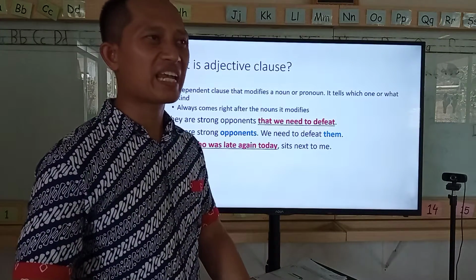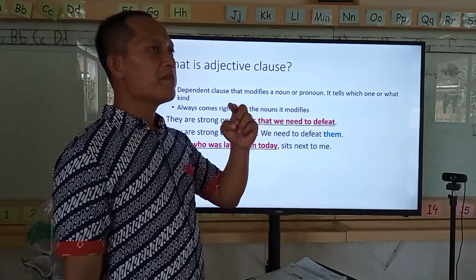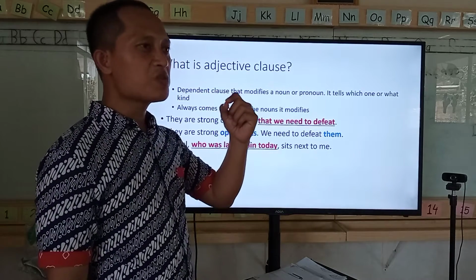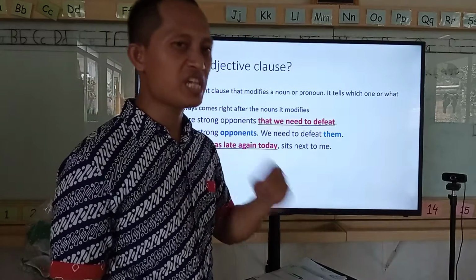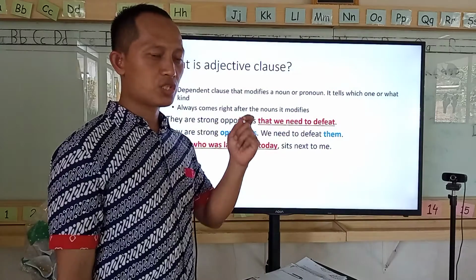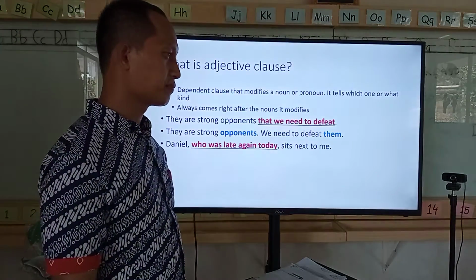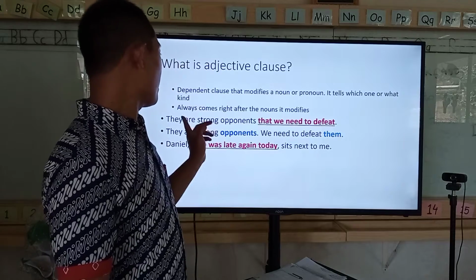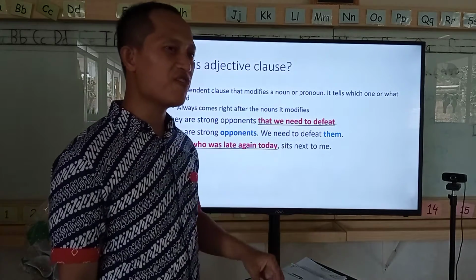What is a defining adjective clause? A defining adjective clause is an adjective clause that gives essential information to the sentence. For example, they are strong opponents that we need to defeat.